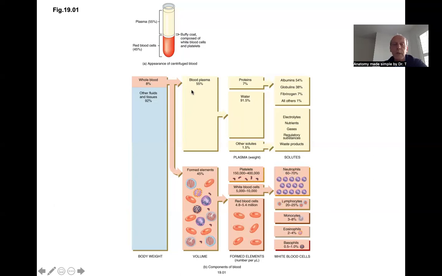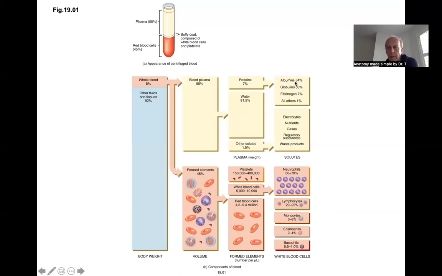The liquid part, which we call the plasma, accounts for about 55% of the volume, and we need to understand its chemical composition. Of the 55%, 91.5% is just plain water. However, the second largest ingredient, which we have to add, is proteins. And proteins that are part of plasma are very important because you can see a further breakdown of all proteins.